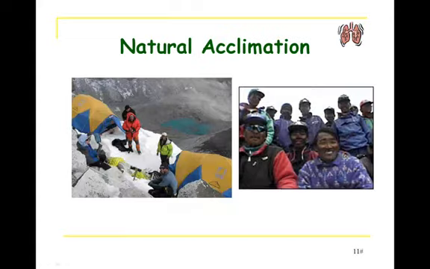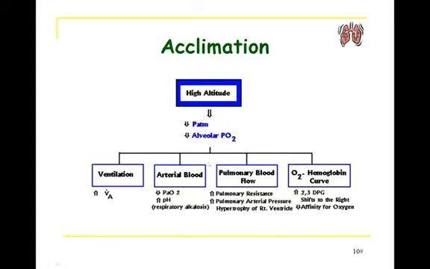Some other things that are listed in your notes that result from acclimation is red blood cell count increases, your hemoglobin concentration increases, the hypoxia stimulates erythropoietin, and erythropoietin stimulates the production of red blood cells. Now, this is not going to be immediate.